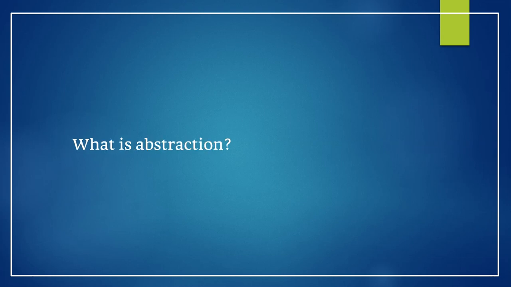What is an abstract class? What is abstraction? Abstraction is a concept where you hide implementation detail. Java supports abstraction through abstract classes. An abstract class is a class which is defined using the abstract keyword in front of the class. So an abstract class can have abstract methods and non-abstract methods.